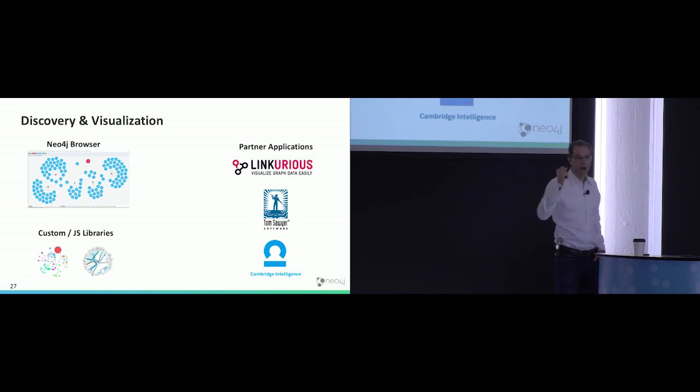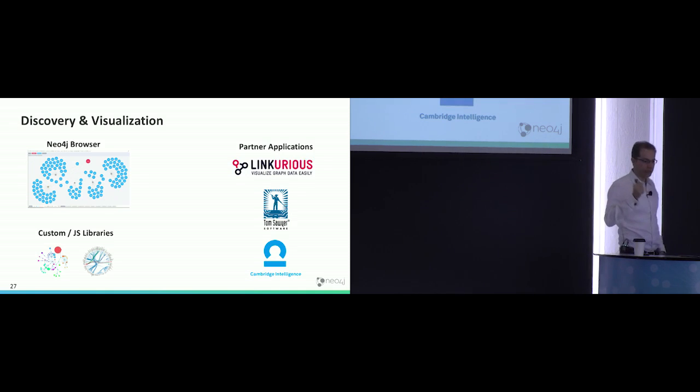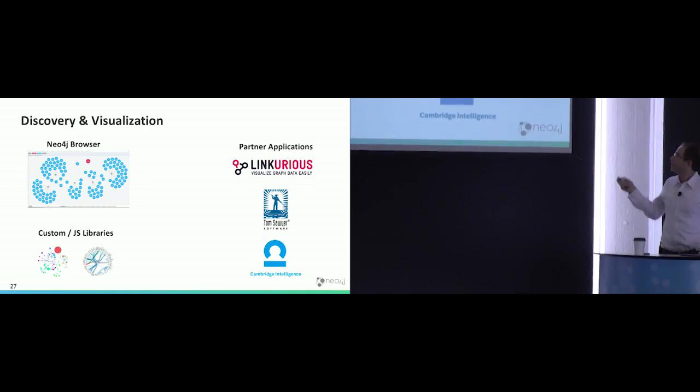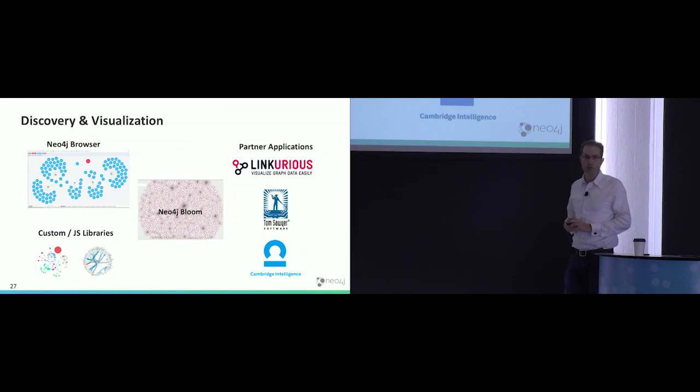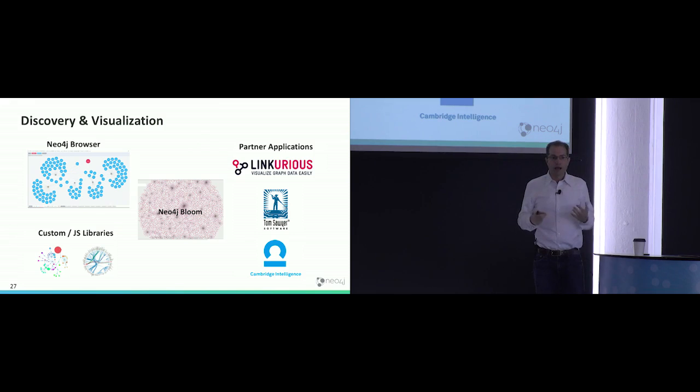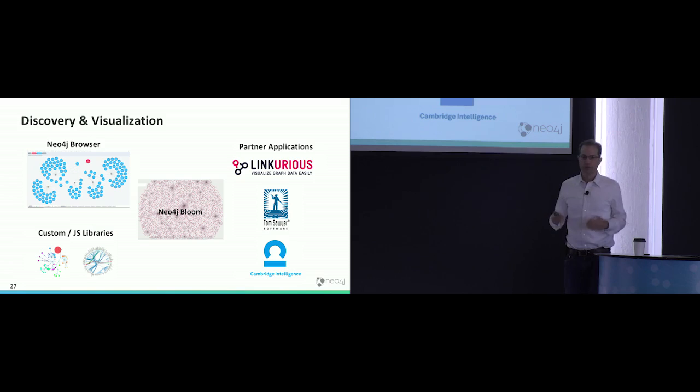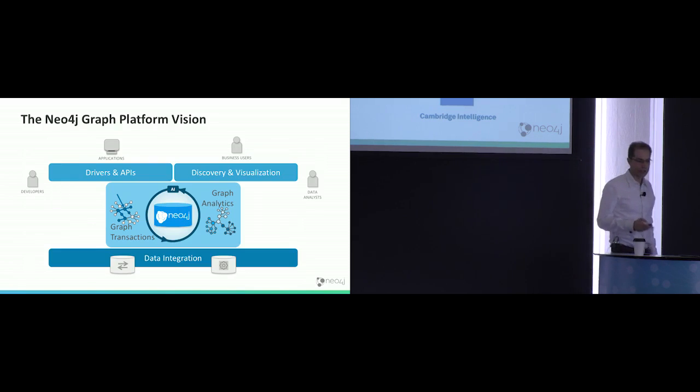There are also some other companies out there, Linkurious, Tom Sawyer, Cambridge Intelligence, that have built their own graph visualization tools that each have their own perspective and way of doing things. And then you'll soon have Bloom, which I mentioned. And I believe our job as a platform vendor is to give you as much choice as possible, because every need is different, every application is different, and we intend to continue supporting all these different methods.